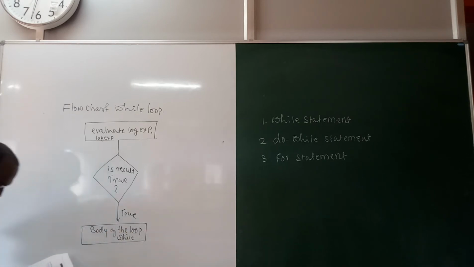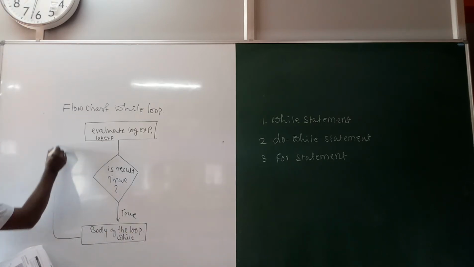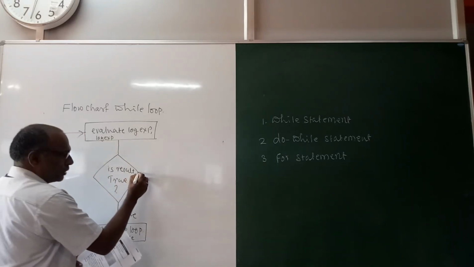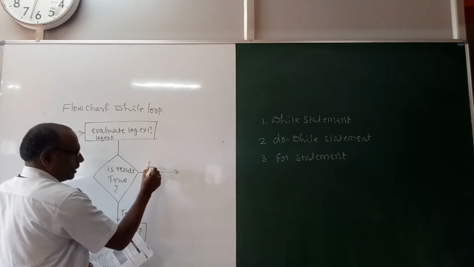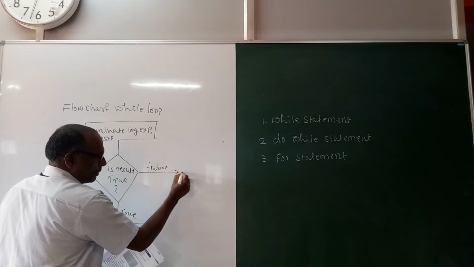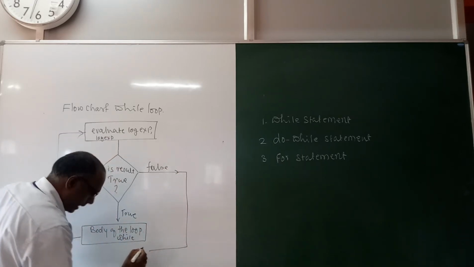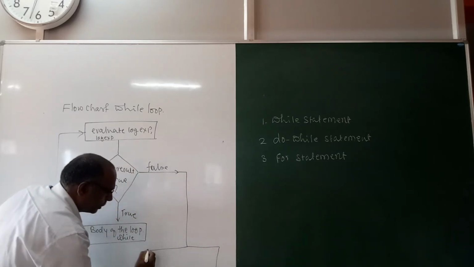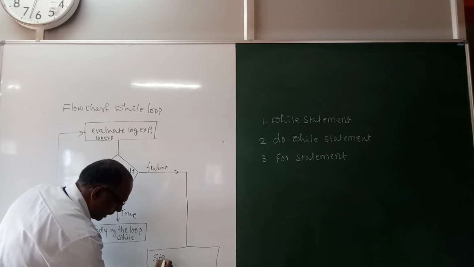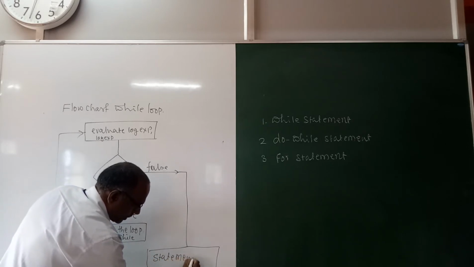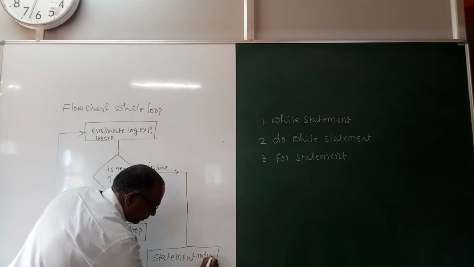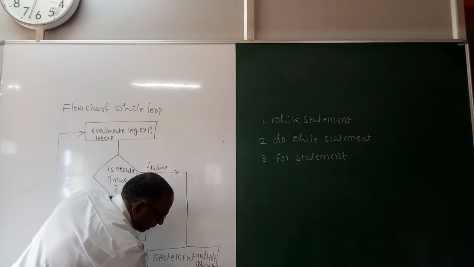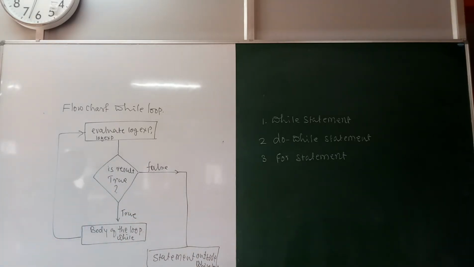Then it goes back and joins here. This will continue. If the result is false at a fine moment, it will come out of this and execute the next statement outside the while loop. Okay, this is a flow chart.